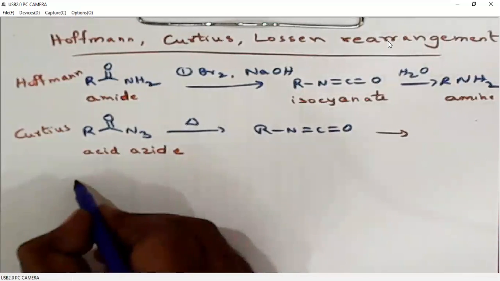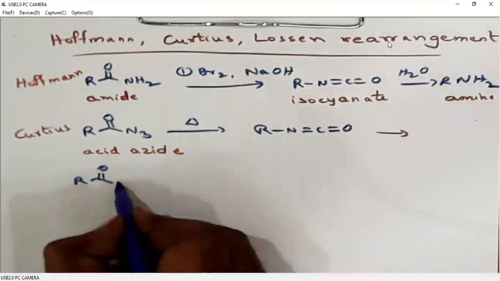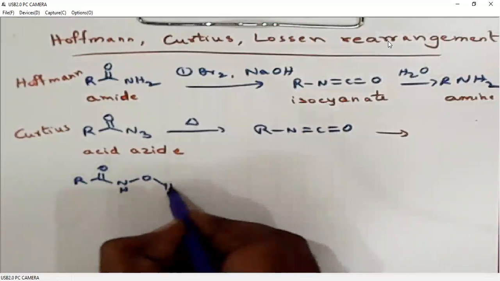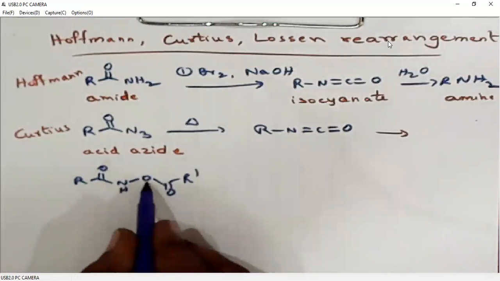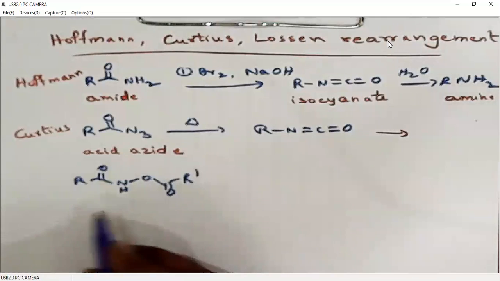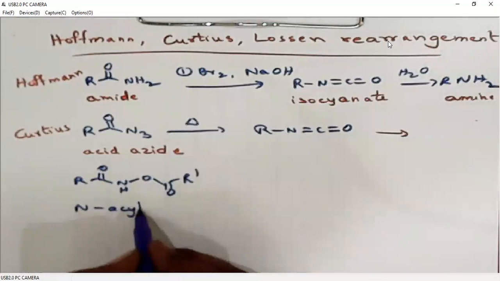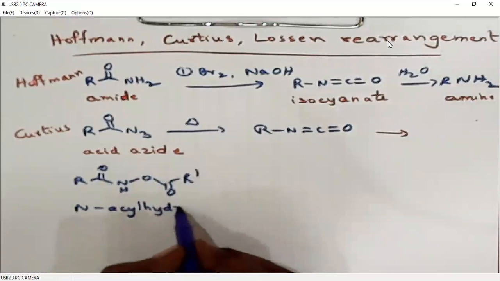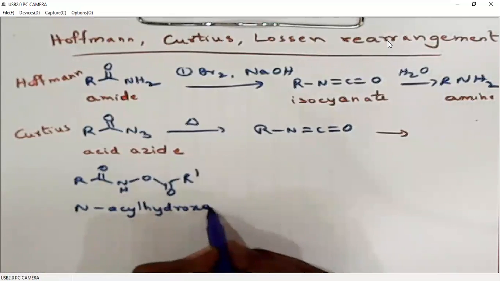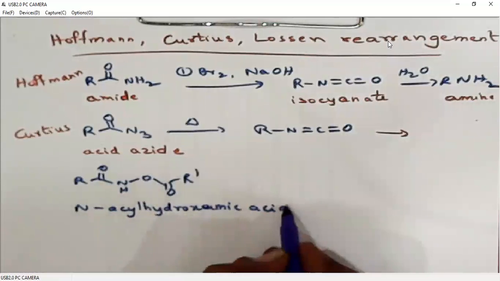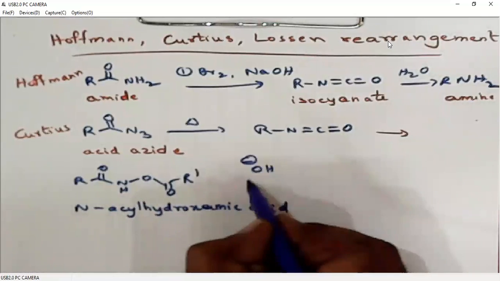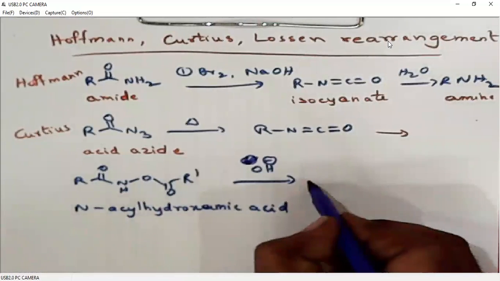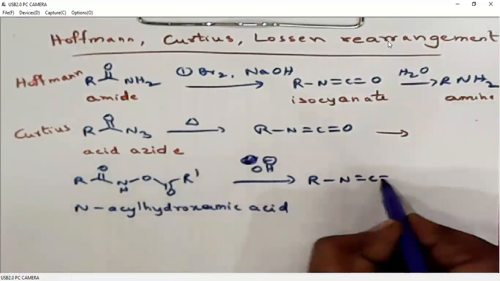Similarly, this is N-acyl hydroxamic acid. This, upon treatment with the base OH minus, will be converted to isocyanate.